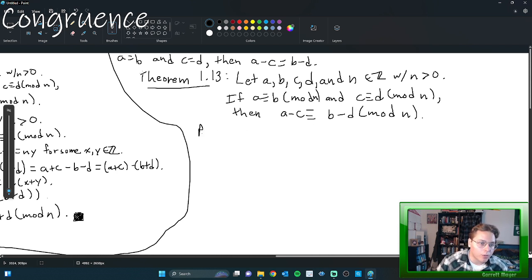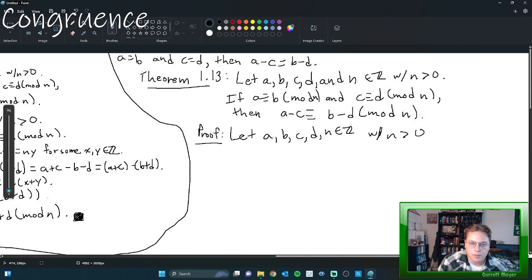And for our proof, we're going to do very similar to before. This proof is going to be almost identical to the last one, but it helps us understand how these modular functions work and how the definition functions in the context of a proof. So we're going to let a, b, c, d, and n all be integers with n greater than 0.